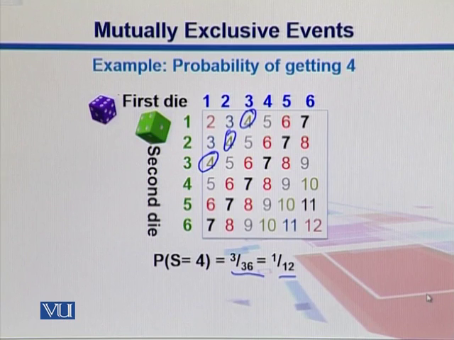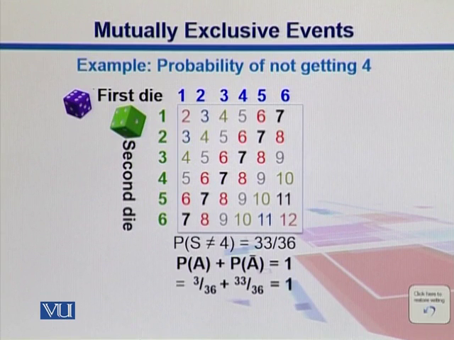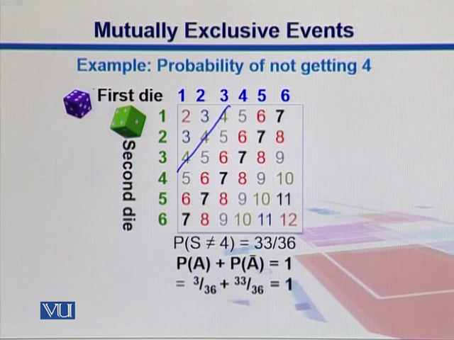So what is the probability of something which is not happening? What is the probability of not getting 4? We take these 4 out and the remaining are 33 different outcomes. So the probability of not seeing a 4, or the complement of 4, is actually 33 out of 36. When we add both of them together, it adds up to 1.